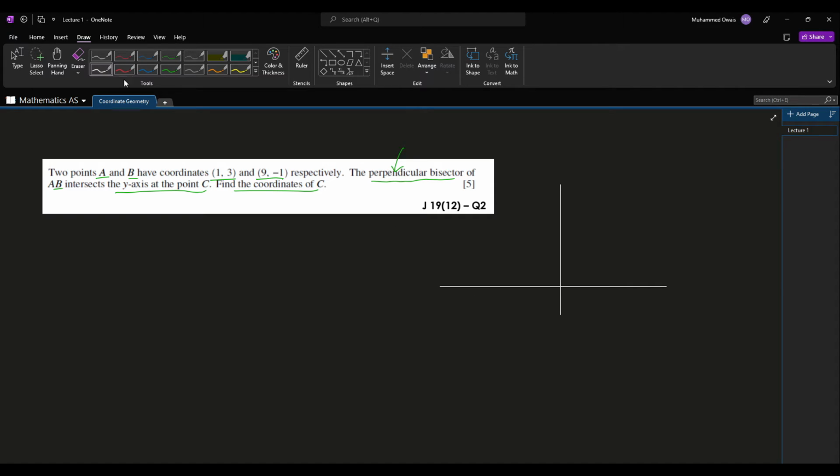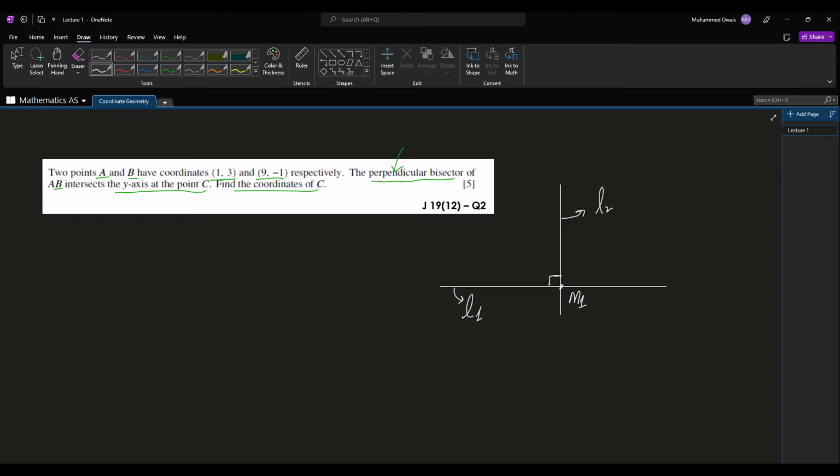You can say that there is a line 1 and there is a line 2. This line 2 will intersect, or you can say this line 2 will cut line 1 at the midpoint of line 1.